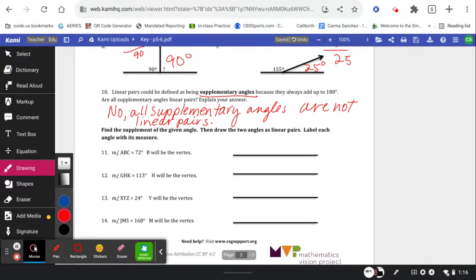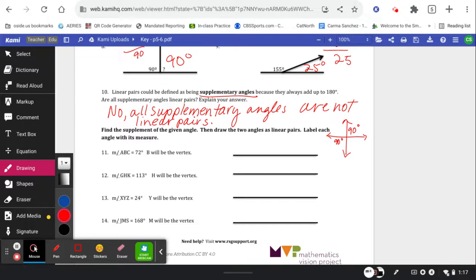So for example, if I drew an X and a Y axis, and I know that those form little 90 degrees, right? So if this is 90 degrees and this is 90 degrees, don't those two angles add up to 180? Well, those two angles are vertical from each other. They are not adjacent. These are not a linear pair, but they are supplementary.